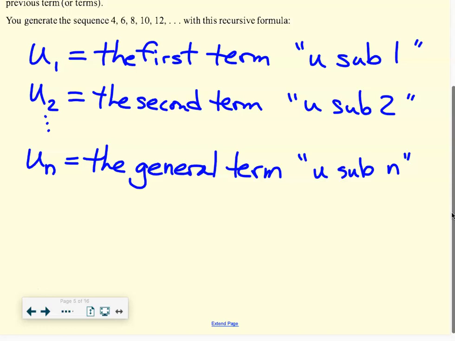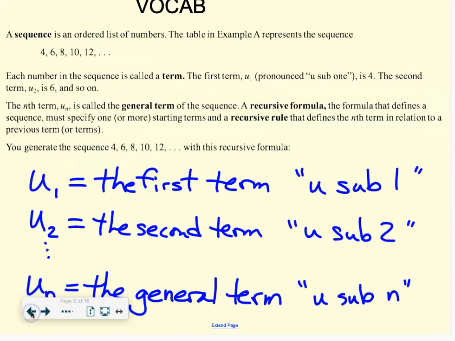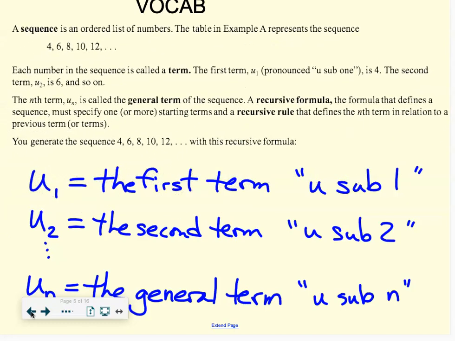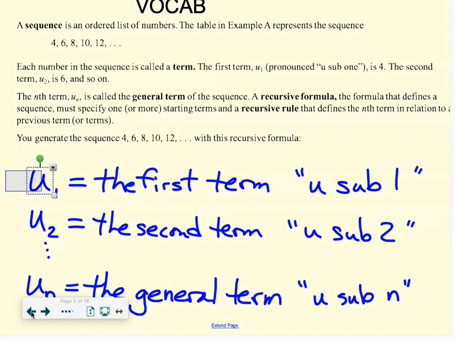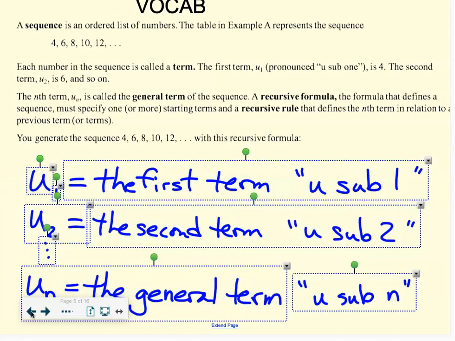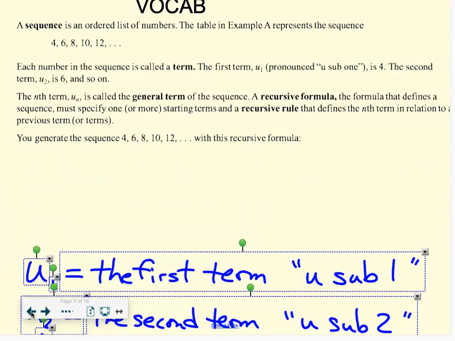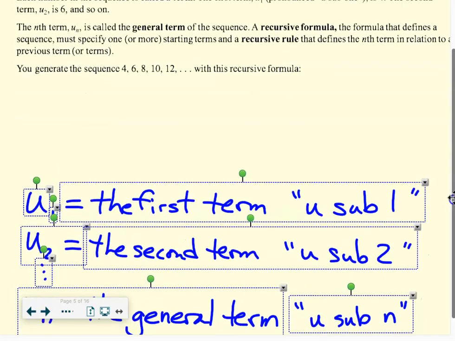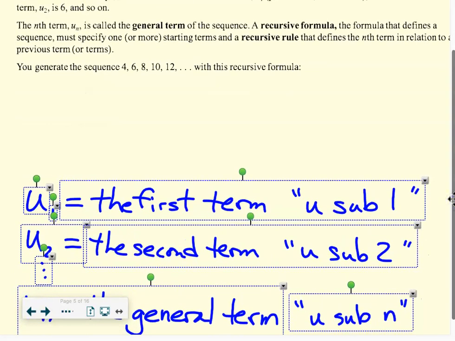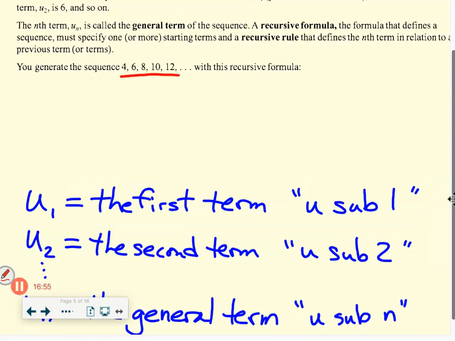Now, we are going to learn how to write some recursive sequences. I'm going to move these down. All right, so I don't know if you can see this well, but we're going to look at the sequence that we were just talking about. That's our table sequence.